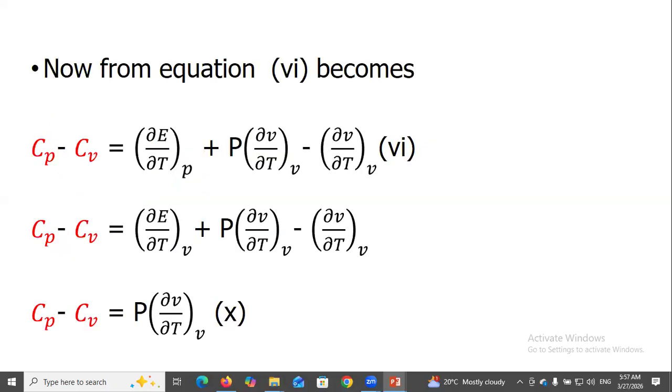Now the Cp minus Cv equation becomes Cp minus Cv equal to (∂E/∂T)p plus P (∂V/∂T)p minus (∂E/∂T)p. In solving, we get Cp minus Cv equal to P (∂V/∂T)p.